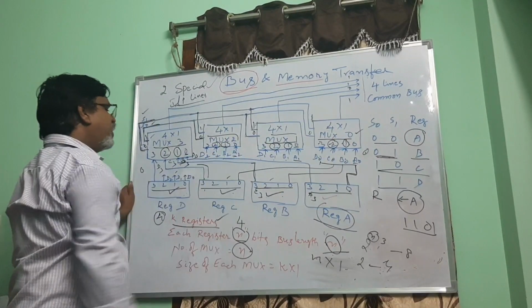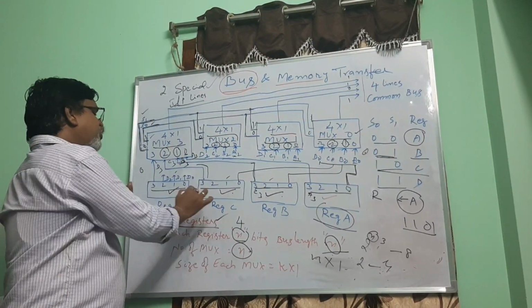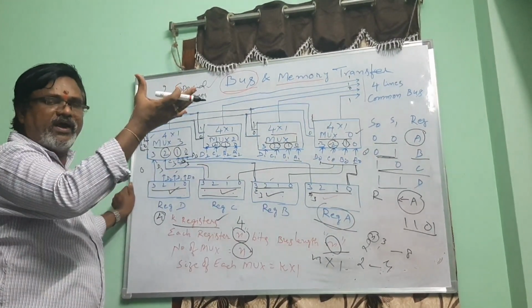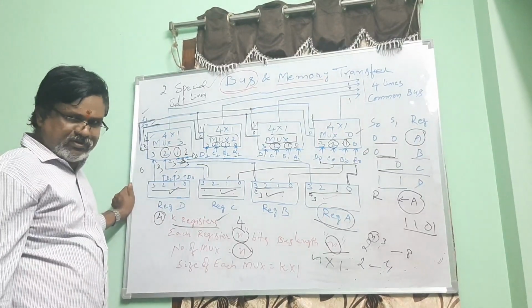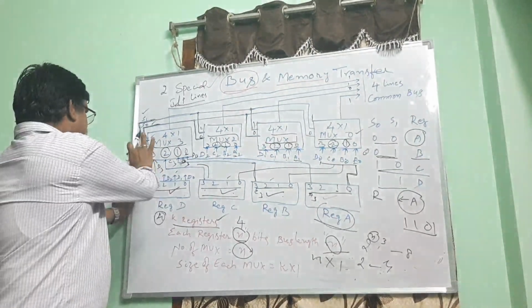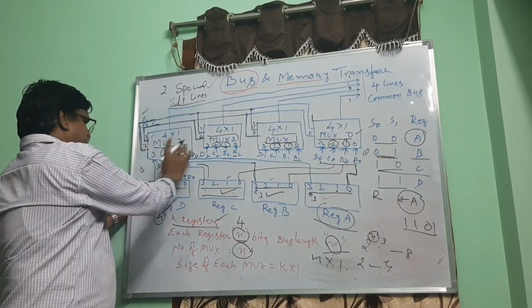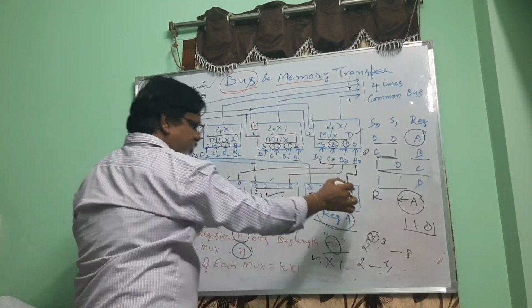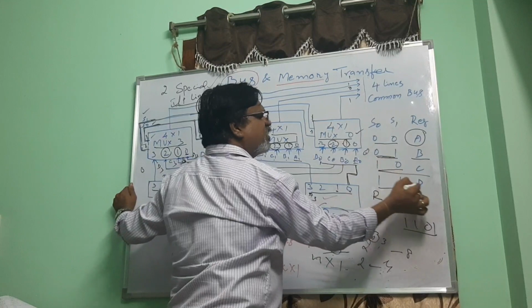C0, C1, C2, C3. So all the values in the C register are the inputs of your multiplexers. Finally, if these two lines are 1 1, as I told you, D.